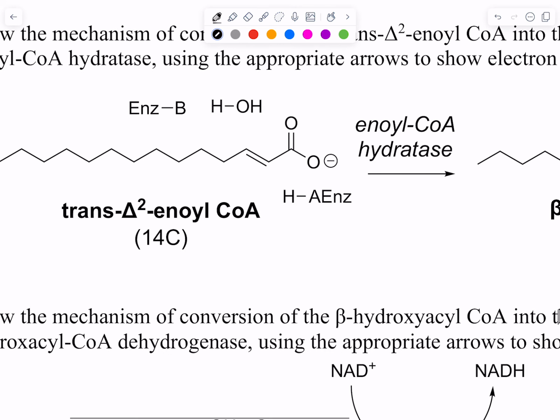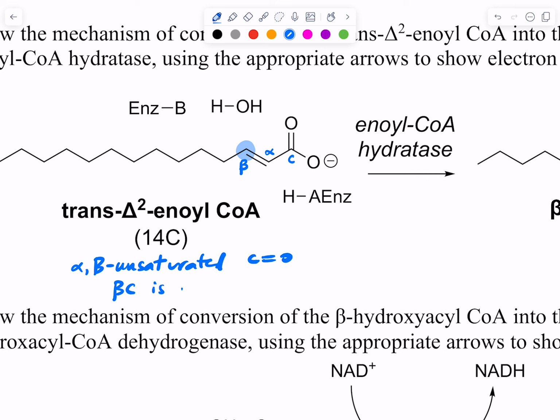And recall that beta carbons, carbons that are beta to the carbonyl carbon, when there's a double bond between alpha and beta, we call that situation an alpha beta unsaturated carbonyl compound because of the double bond. The beta carbon is electron poor.